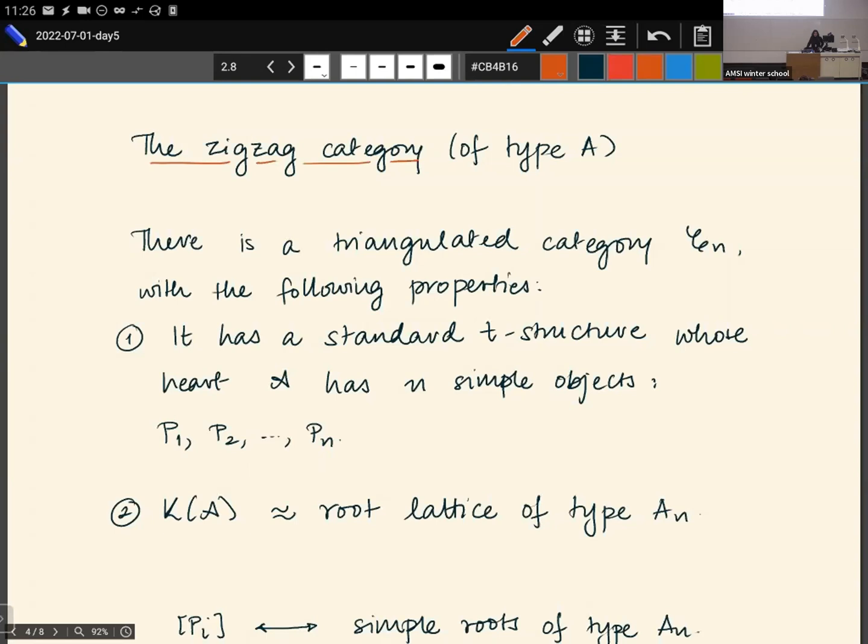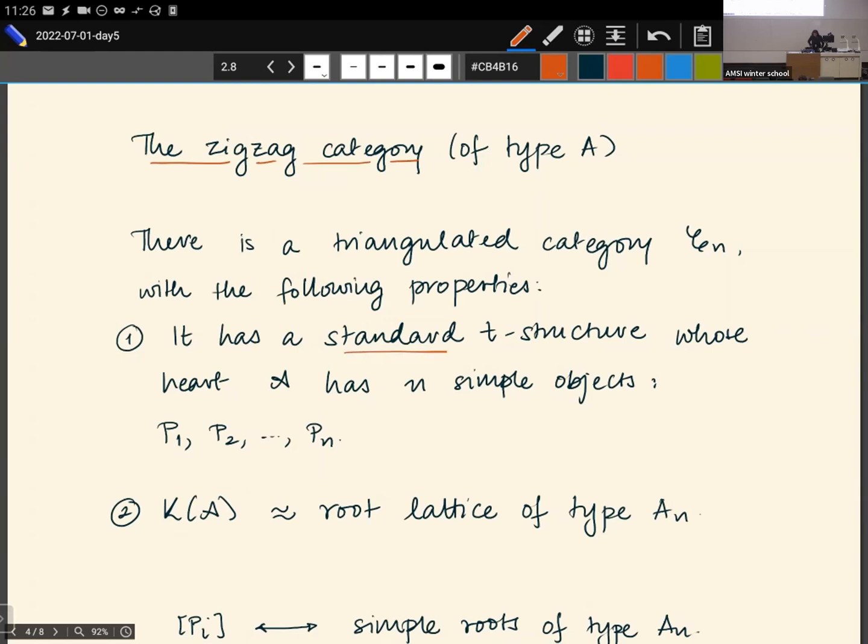So since we've been talking about t-structures as a crutch, let me just say outright that it has a bounded t-structure. Woohoo, so that's nice. I'll call it the standard t-structure. And its heart has n simple objects. Finitely many simples, even better. So n simple objects which in fact generate the Grothendieck group.